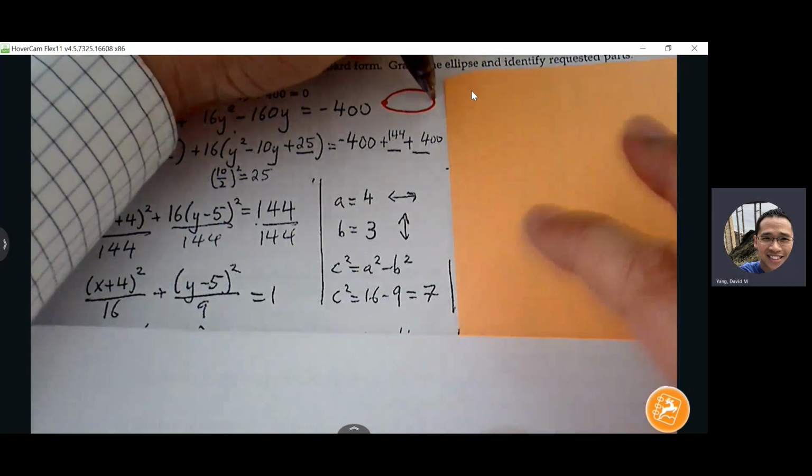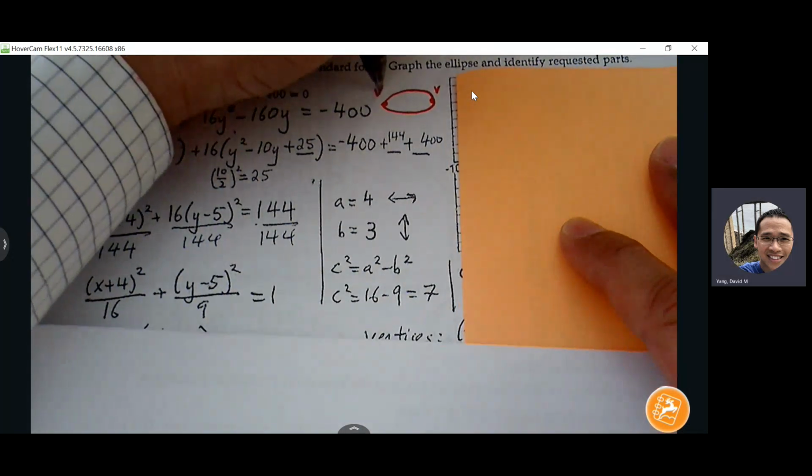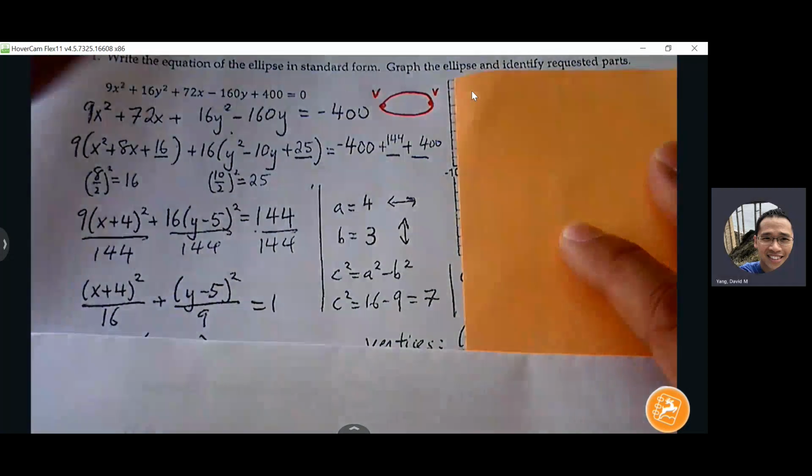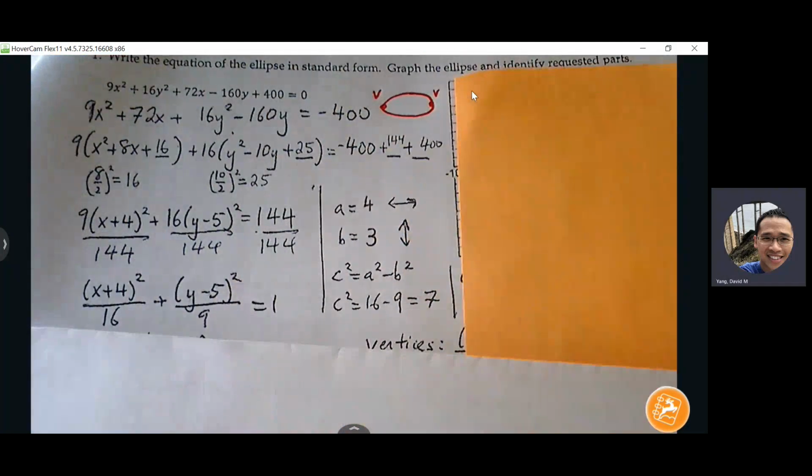Okay, once you know the orientation of your ellipse, you can just do a rough sketch. It helps you.